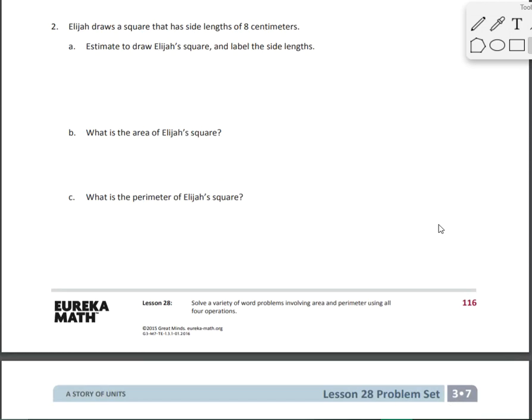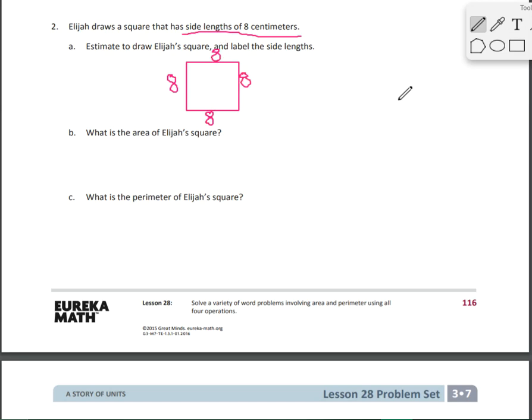It says Elijah draws a square that has side lengths of 8 centimeters. Let's see, that looks pretty square-like. So remember, when we have a square, what we want to keep in mind is that all the sides will always be the same. So this side's 8, and that side's 8, and that side's 8, and so is this one.